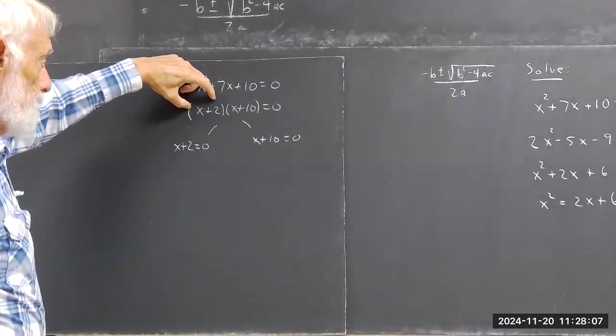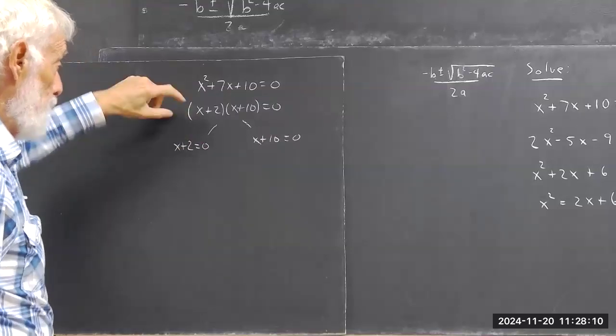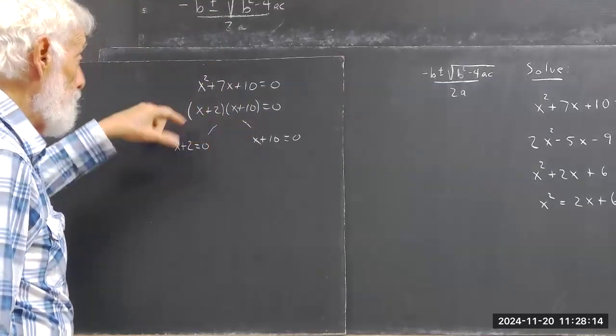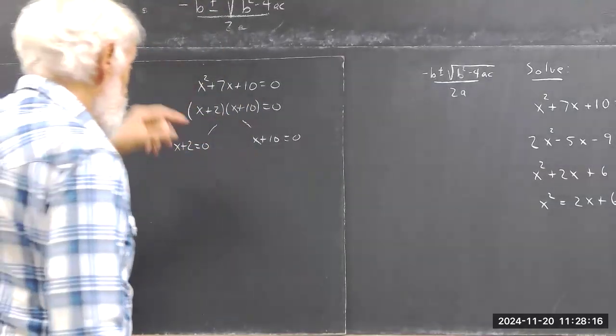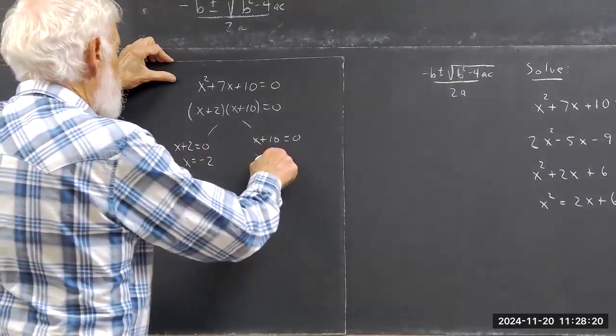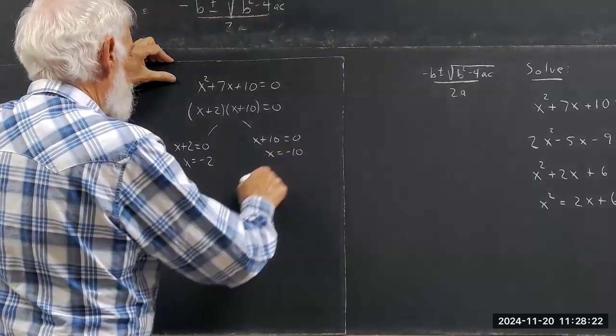Because again, if x plus 2 is 0, this side is true because 0 times this will be 0. And if this one's 0, that makes the whole thing 0. So that's why we get two equations. We get x equals -2 and x equals -10.